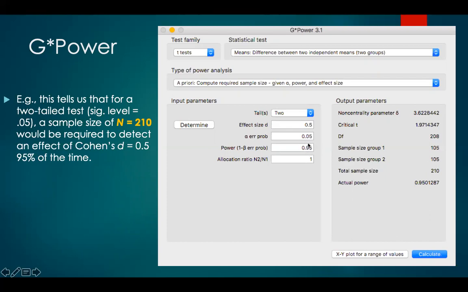So a 95% chance of your experiment rejecting a null hypothesis when that null hypothesis is false. And this here is just specifying that you have equal sample size in each of your groups. So if you hit calculate, you'll learn that you need a sample size of 210 participants in order to detect an effect of Cohen's d equals 0.5, which is again a half standard deviation, 95% of the time. So that's generally how you use G-Power. I use this all of the time for my own experiments and research.